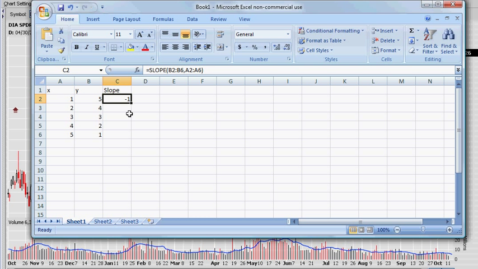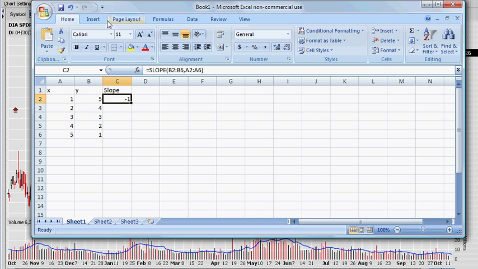Now that means that for every increase of 1 in the x column, the corresponding value of the y column is going to go down 1. So it's a perfectly inverse relationship.